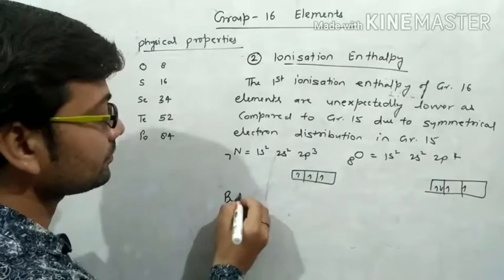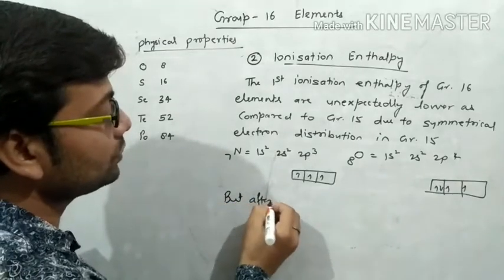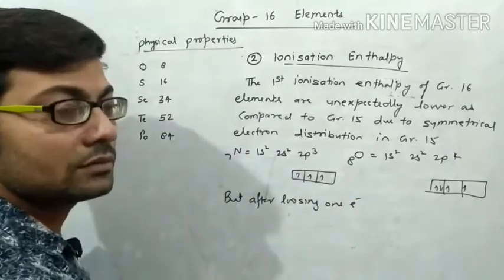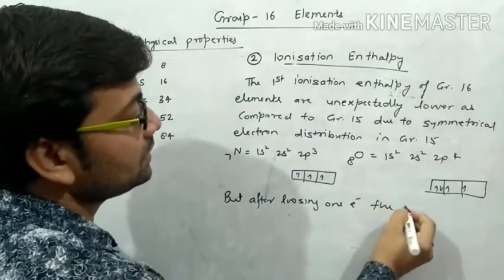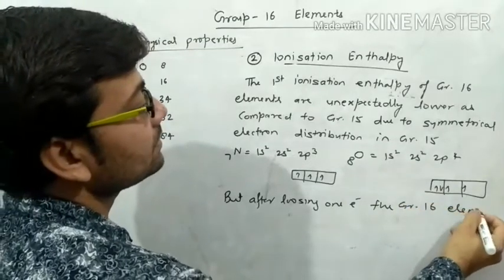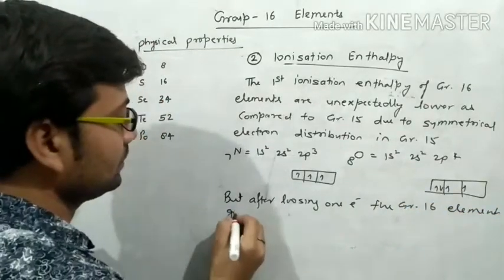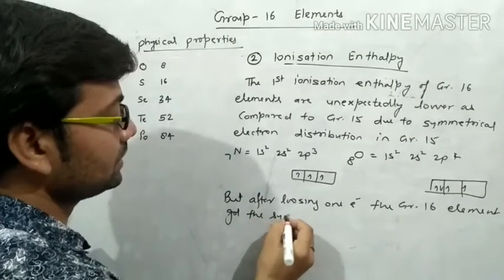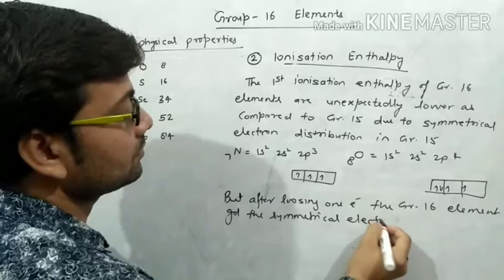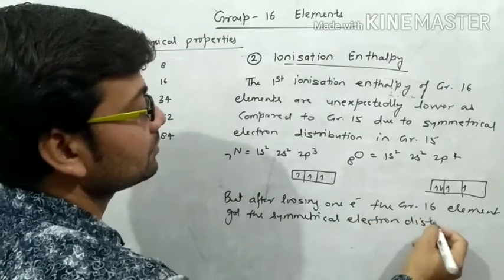But after losing one electron, the group 16 element oxygen gets a symmetrical electron distribution.